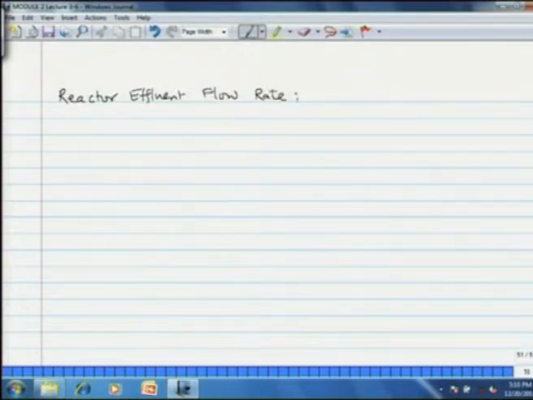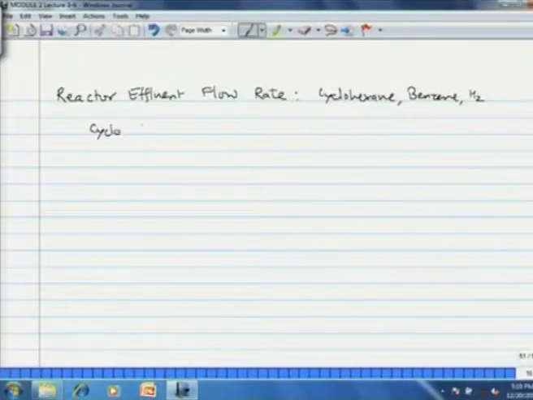The reactor effluent will contain cyclohexane, it will contain unconverted benzene, and it will contain hydrogen, excess hydrogen, which remains unreacted, in addition to the impurities. So, let us identify the molar flow rates.